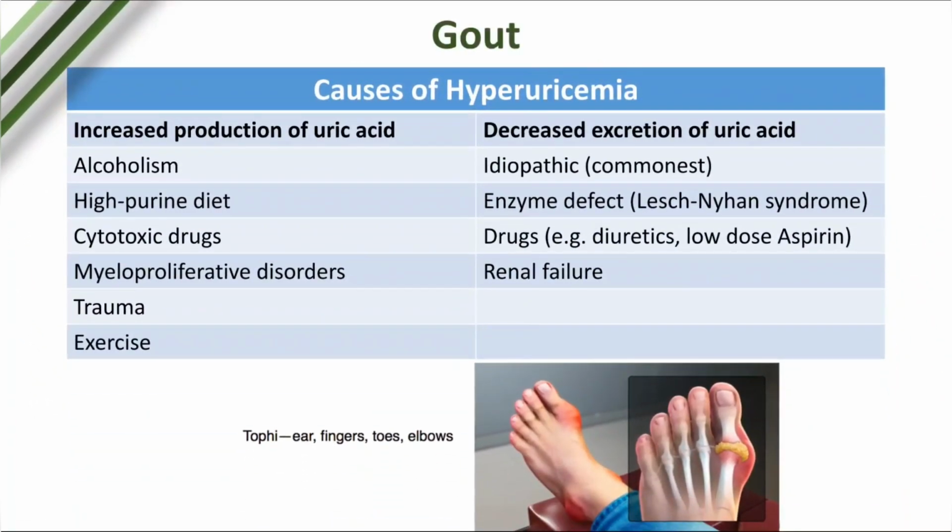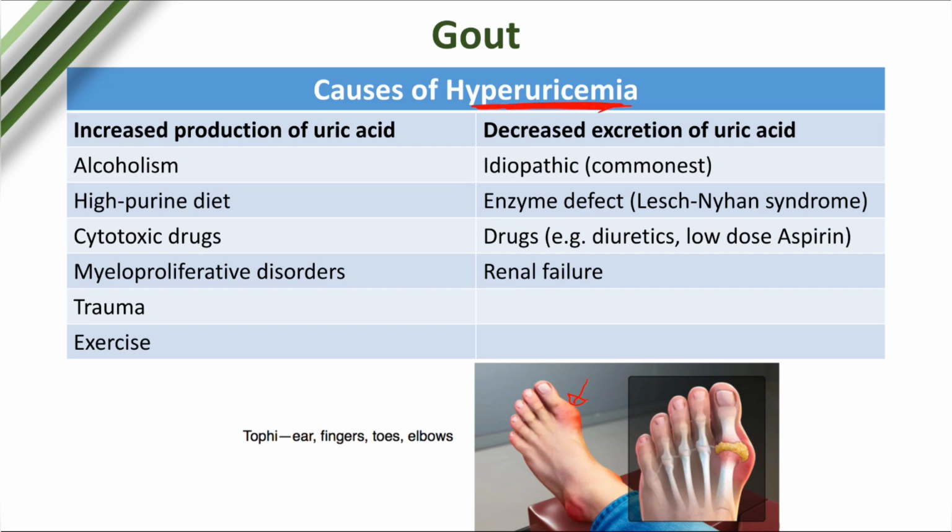Coming to another common presentation is gout, although this is more commonly presenting to the GP, but let's have a look. Gout usually involves the big toe, the proximal joint. The cause is an increase in uric acid.